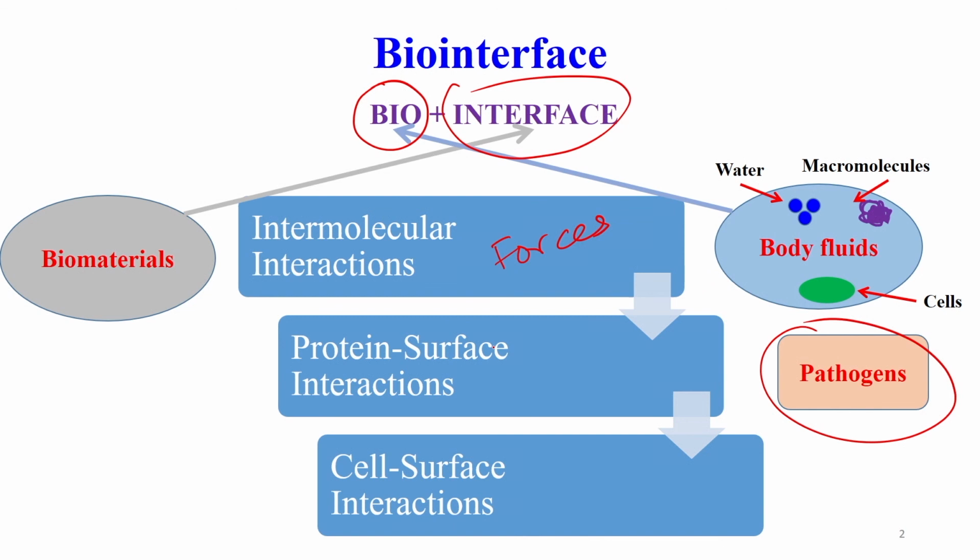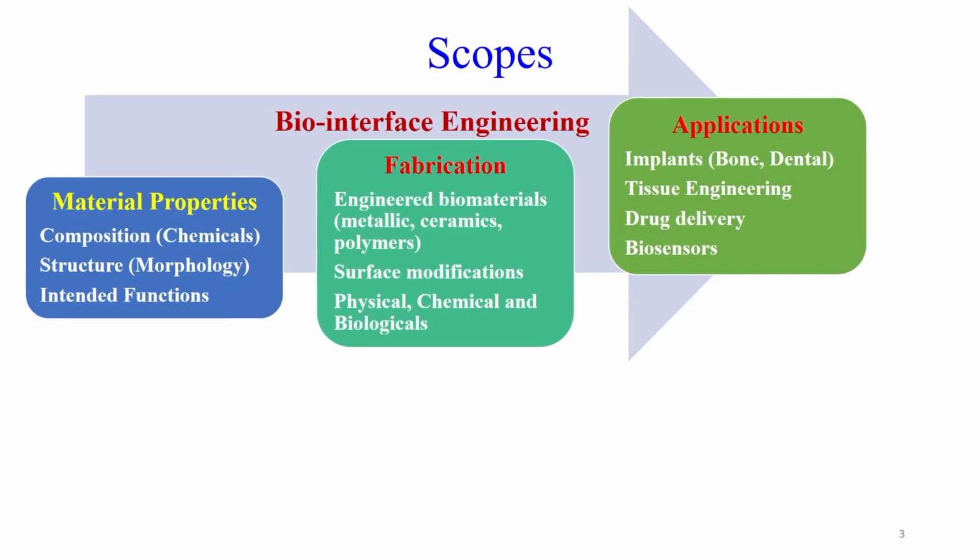Now, what is biointerfacial engineering? In biointerfacial engineering, the first thing we need to know is the material properties. So, we will start with what its intended functions are, what its chemical properties like composition are, and physical properties like its structure and morphology. After this we can go for the engineering to tune the biointerfacial interactions.